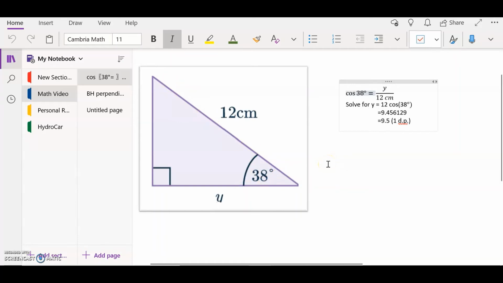So we can solve this by using SOH CAH TOA and we use cos because the information that we want is in the equation. So we substitute the data given, solve for y, and we get the length of y.